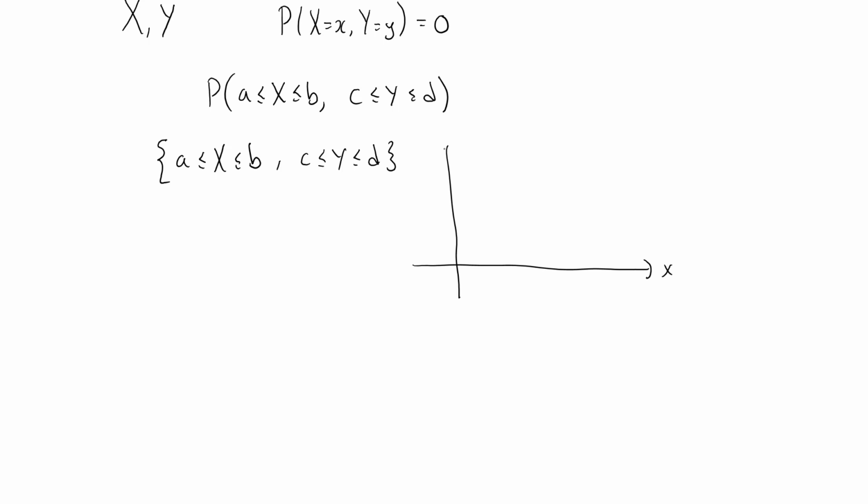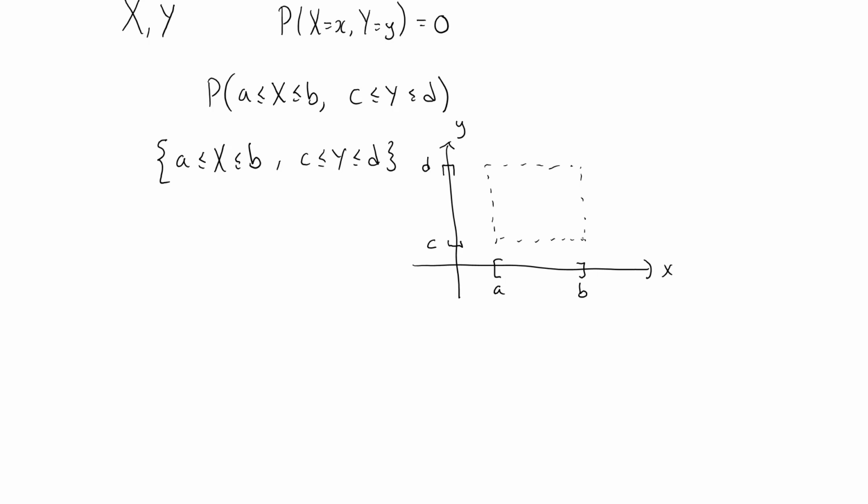So if I put here x and y, this is the interval a to b, and this is the interval c to d. So the event that X is between a and b and Y is between c and d is then this rectangle right here.